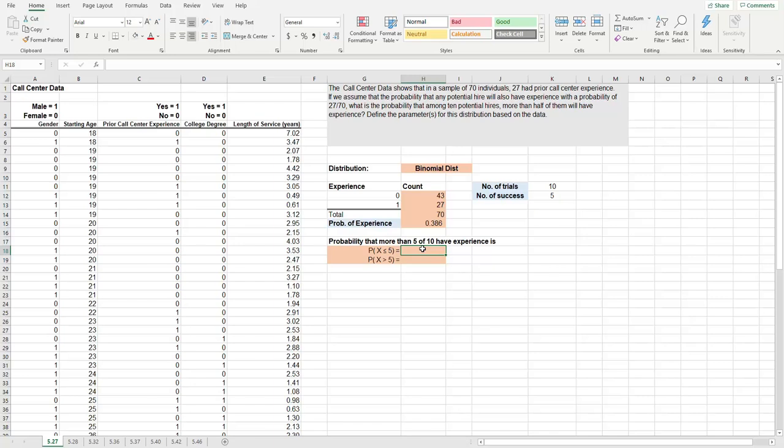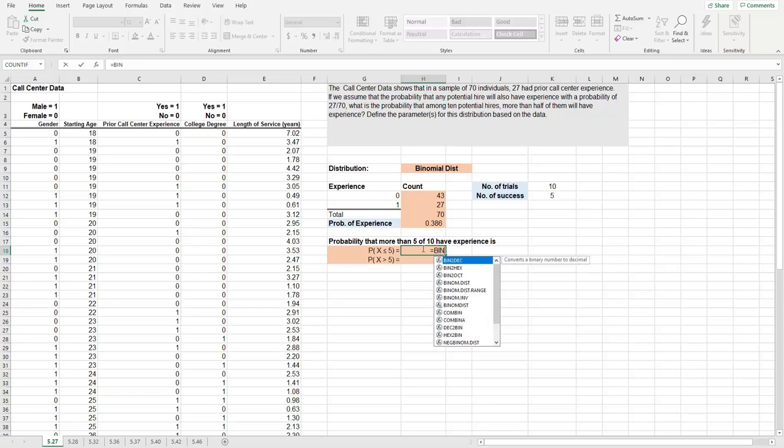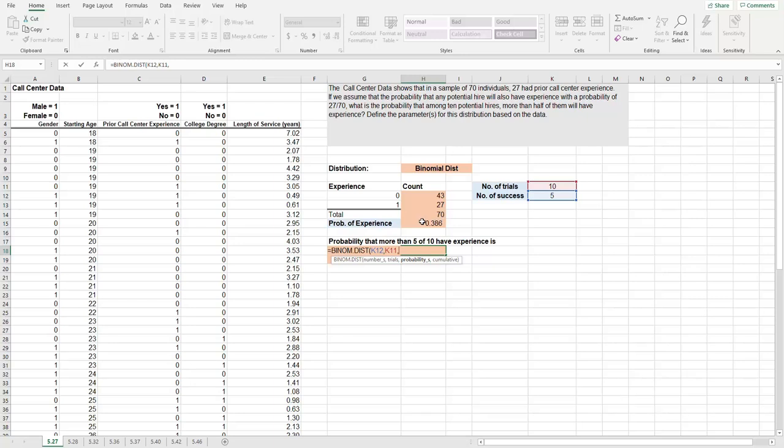Now, to calculate the probability of getting more than 5, we must first calculate the probability of getting at most 5. We can calculate this by using the formula binom.dist and setting our parameters as number of successes, number of trials, probability of success, and the cumulative as true, as we're looking for the probability of getting 5 and all of the events before 5.